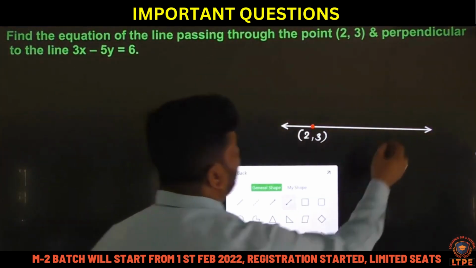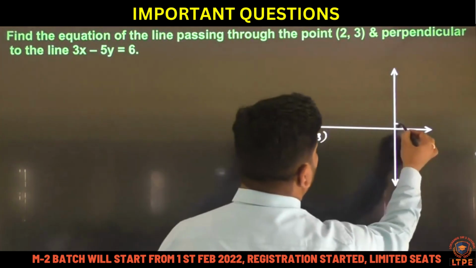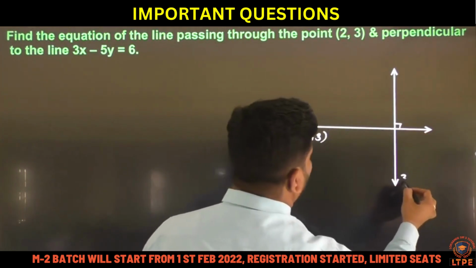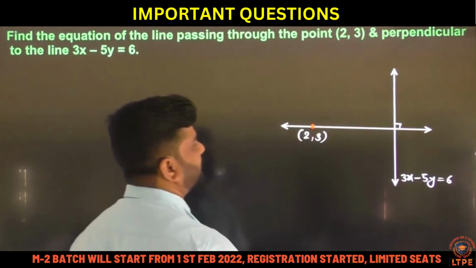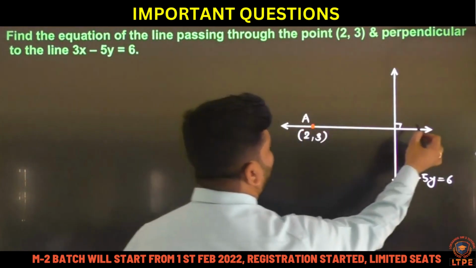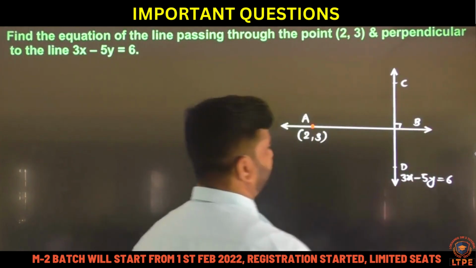So our required line AB is perpendicular to another line CD, which is 3x minus 5y is equal to 6.